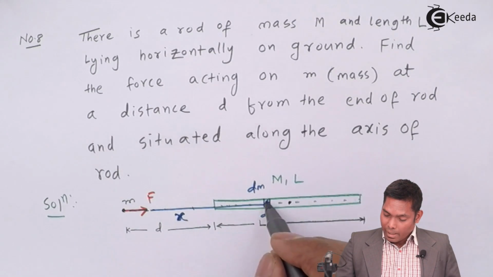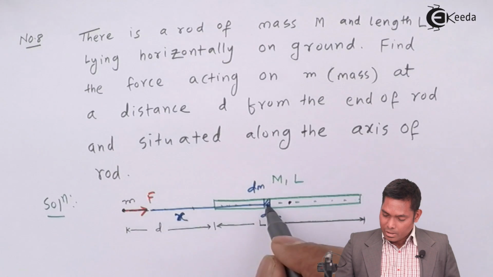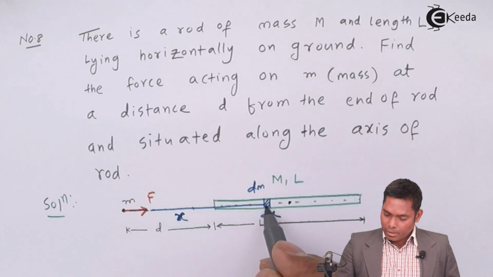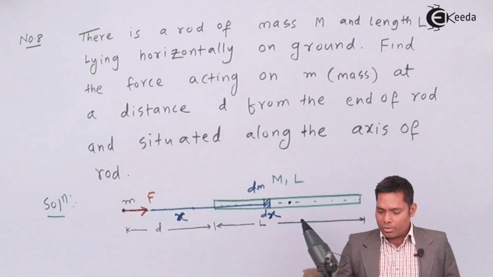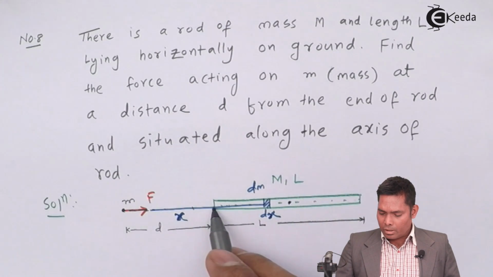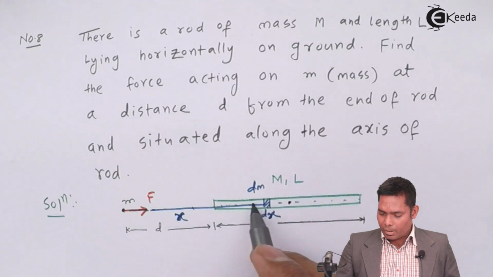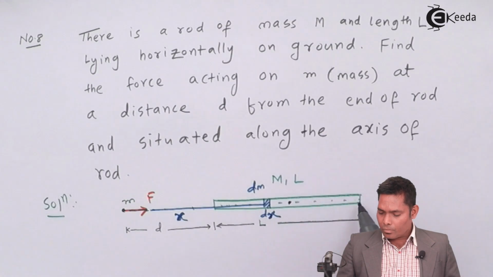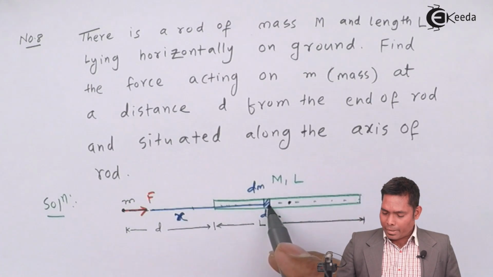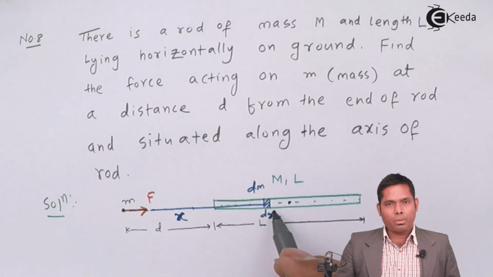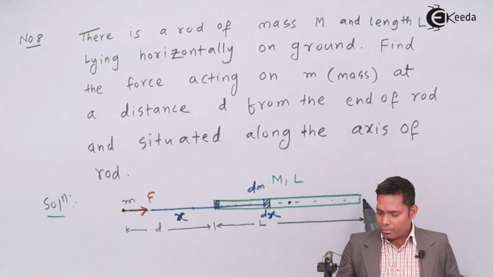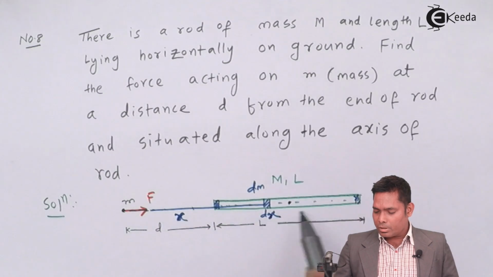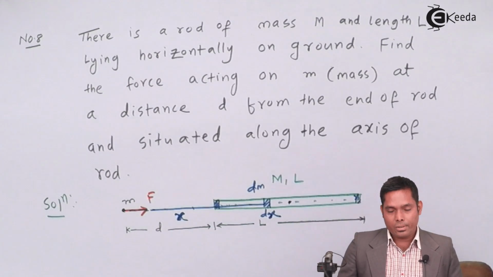Because this will act like a point mass, I can find the force due to this point mass dm on this particle m. Then I will integrate, because I will consider the masses starting from this point and ending here, because this is how the rod is.